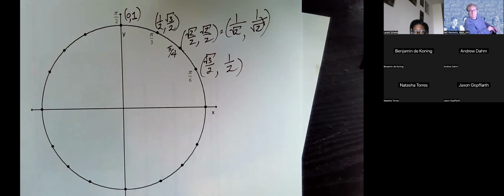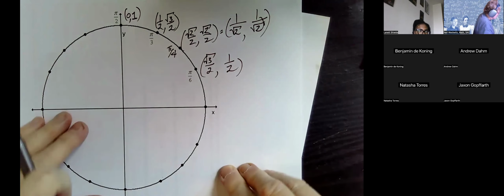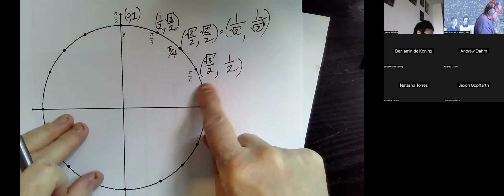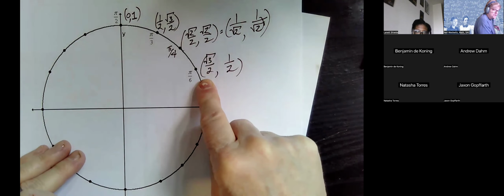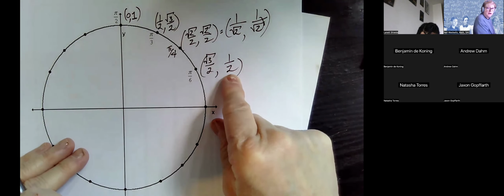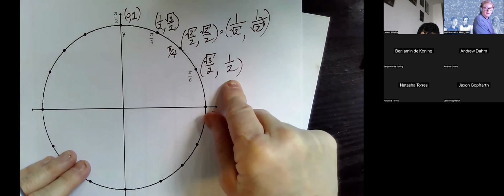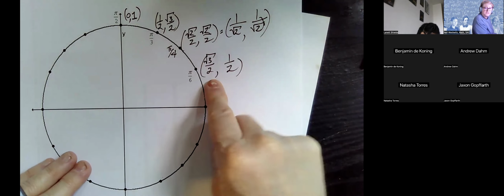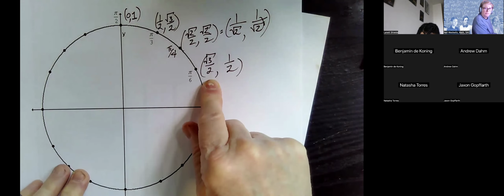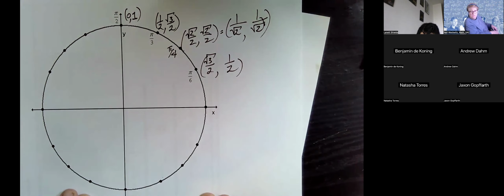Yes, that's exactly right. So if you know one of the coordinates is square root of 3 over 2, you know the other one is 1/2, and if you know one of them is 1/2, then the other one has to be square root of 3 over 2. And then you have to adjust for what?